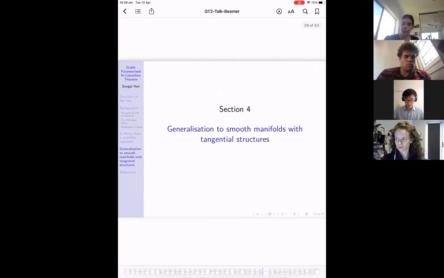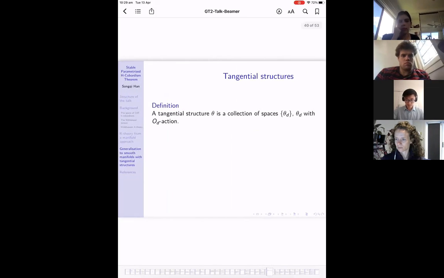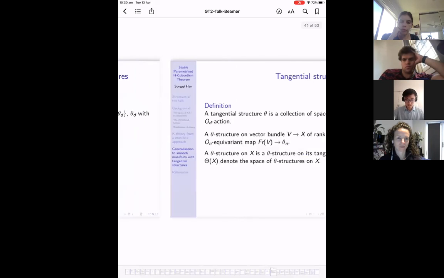And then I will describe how to generalize this to the case of smooth manifolds with tangential structures. So first we record the definition of tangential structures. A tangential structure, theta, is a collection of spaces, theta D, and theta D is equipped with an O(D) action, and these actions should be compatible with each other.